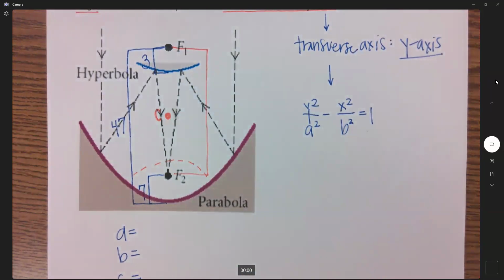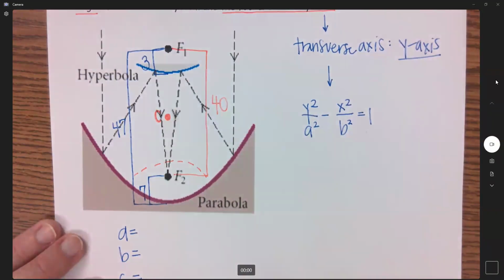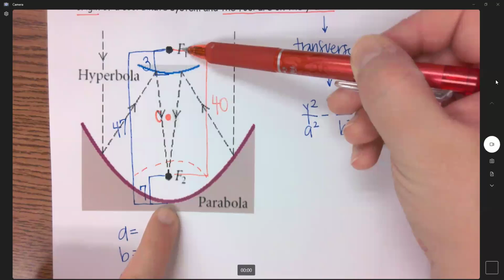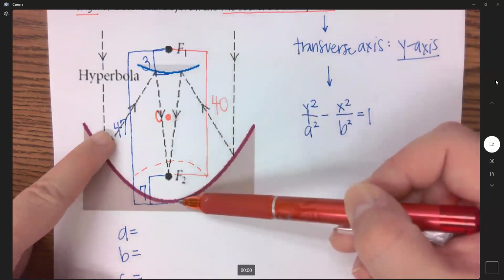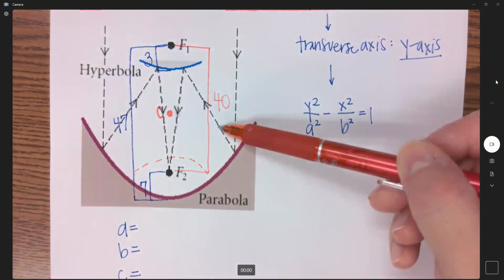What would that distance be? Pause the video if you want some more time. This distance right here is going to be 40. How did we get that? Well, if the distance from focus to vertex is 47, and the distance from this focus to this vertex is 7, subtract the two and we get 40.